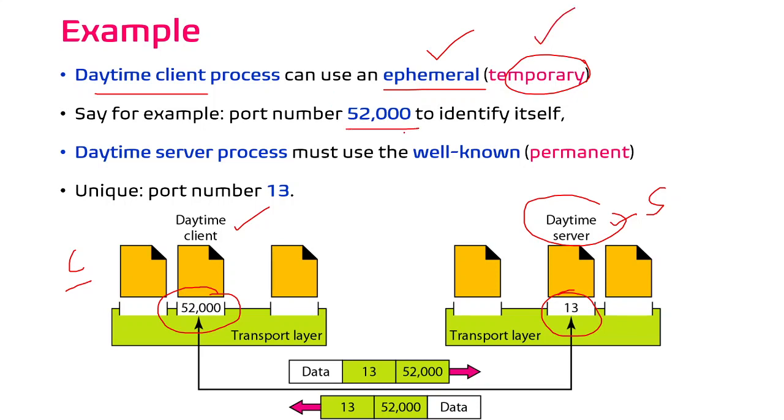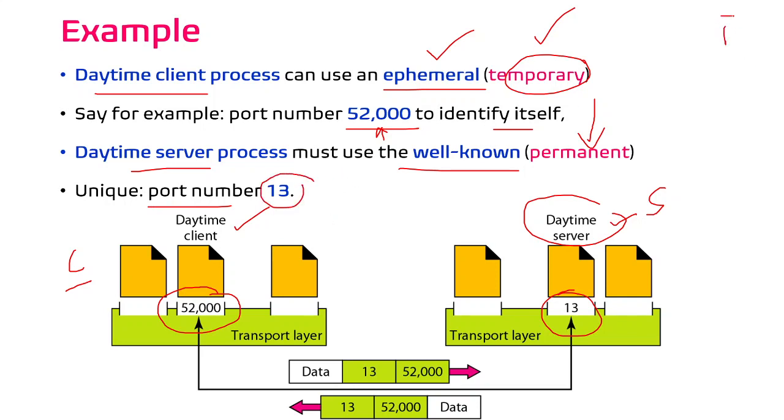This may vary if I open a process now; it may vary at a different time. So 52,000 identifies itself at the client. The daytime server process must use a well-known, which is actually a permanent port number. This is a unique port number that has to be open at 13.